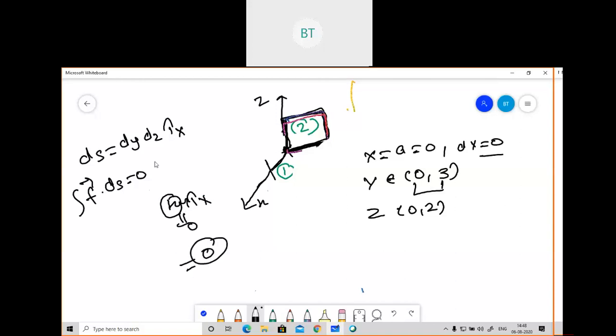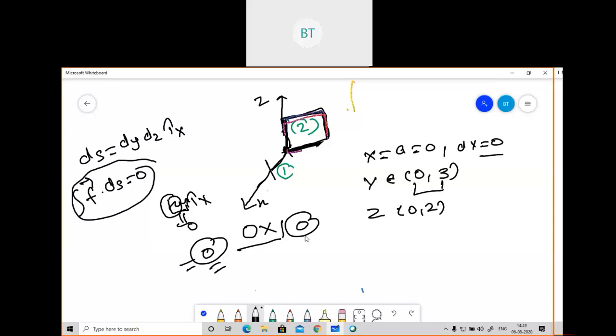In this case the surface integration will be 0 because x is already 0. If you multiply 0 into any quantity, what will become? 0. So the second part is calculated, and for the second surface we are getting the value 0. Is this clear, how I am getting the value 0 here?